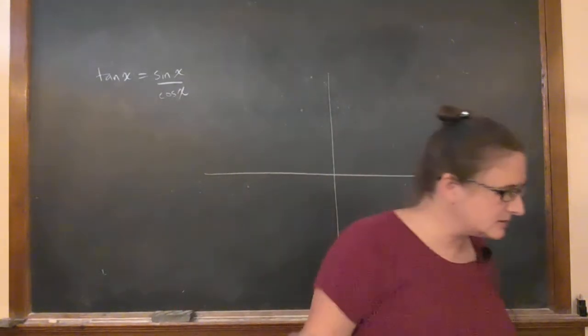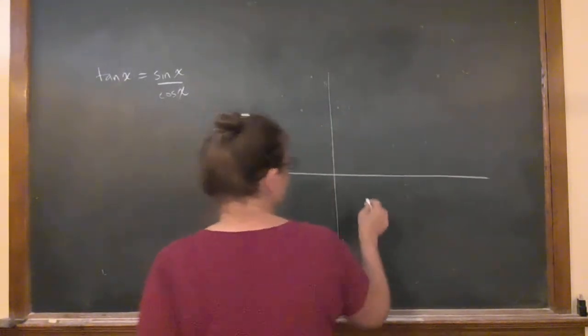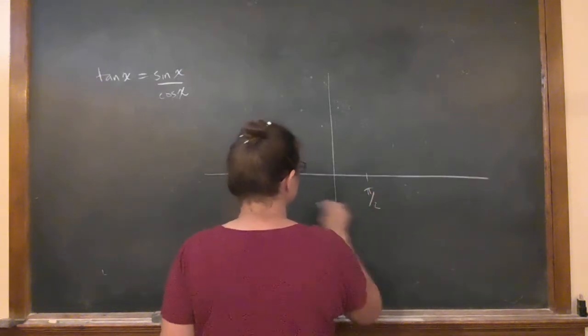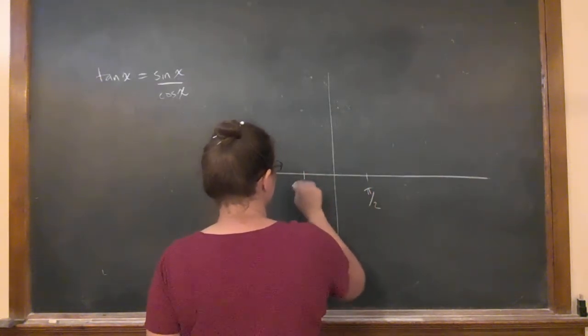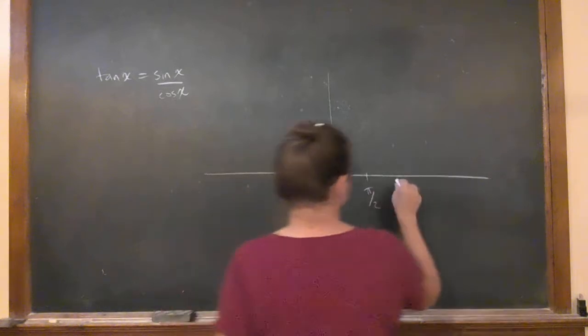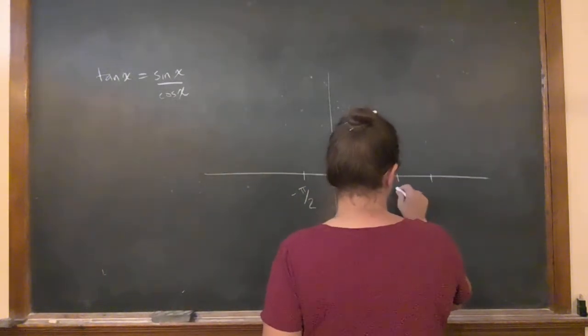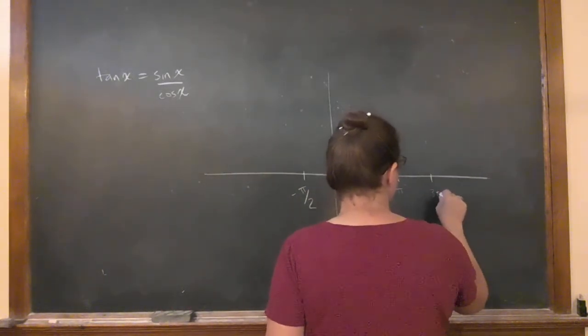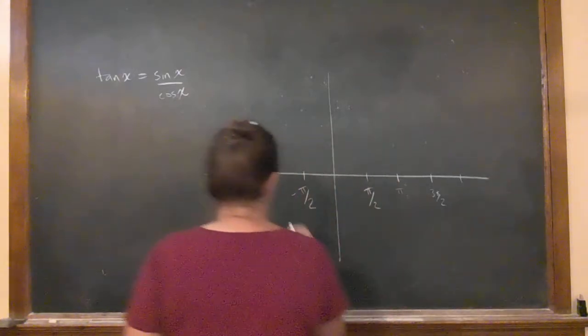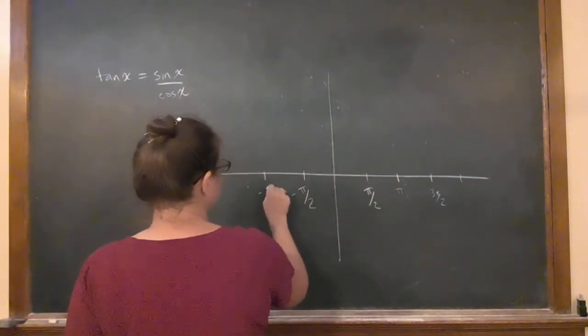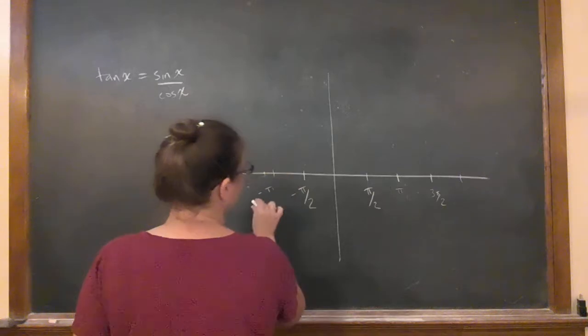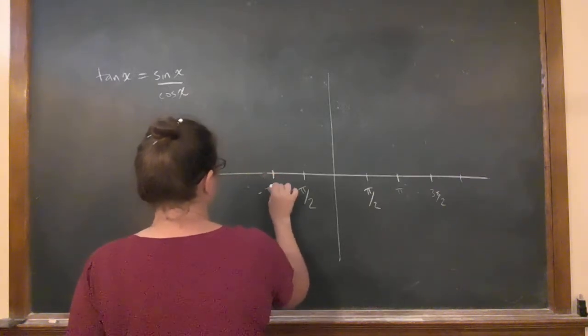So cosine is 0 at pi over 2 and negative pi over 2. Let me try to put some. This is going to be pi, it's going to be 3 pi over 2. It's going to be minus pi, like I say there, right? So at least it looks reasonable.